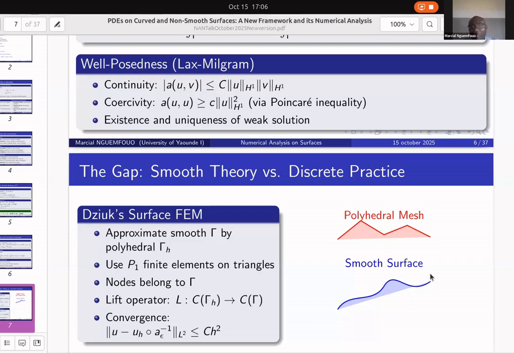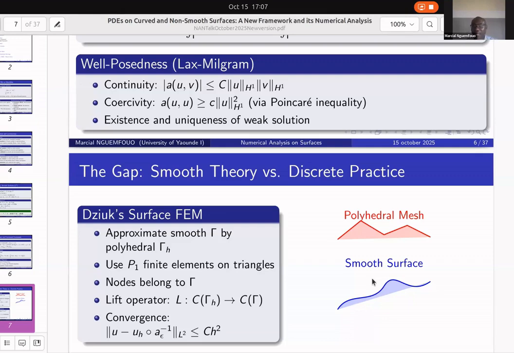For example, in an open subset of R3, we define a point inside the tubular neighborhood and we project it on the surface through an operator, and we show that there is a bijection between the point X in the tubular neighborhood and the projected point.